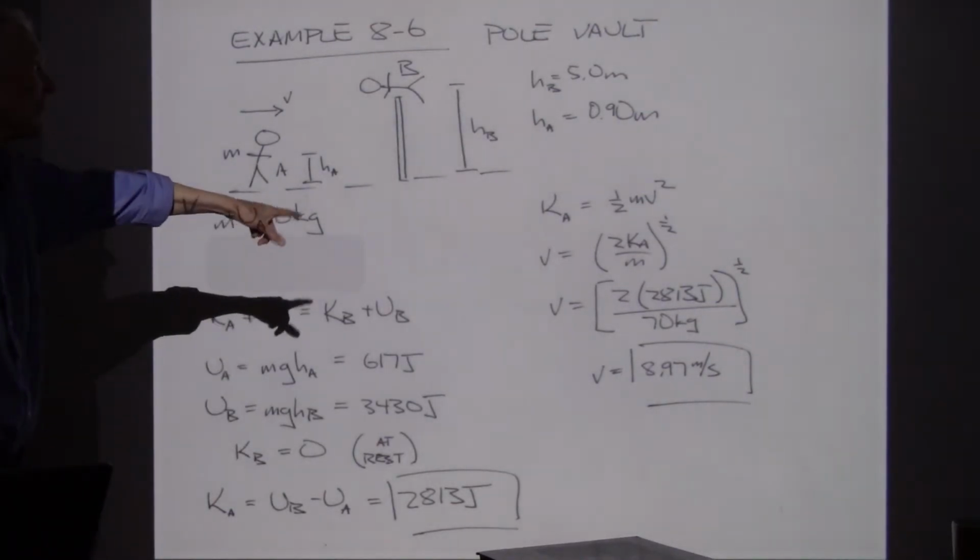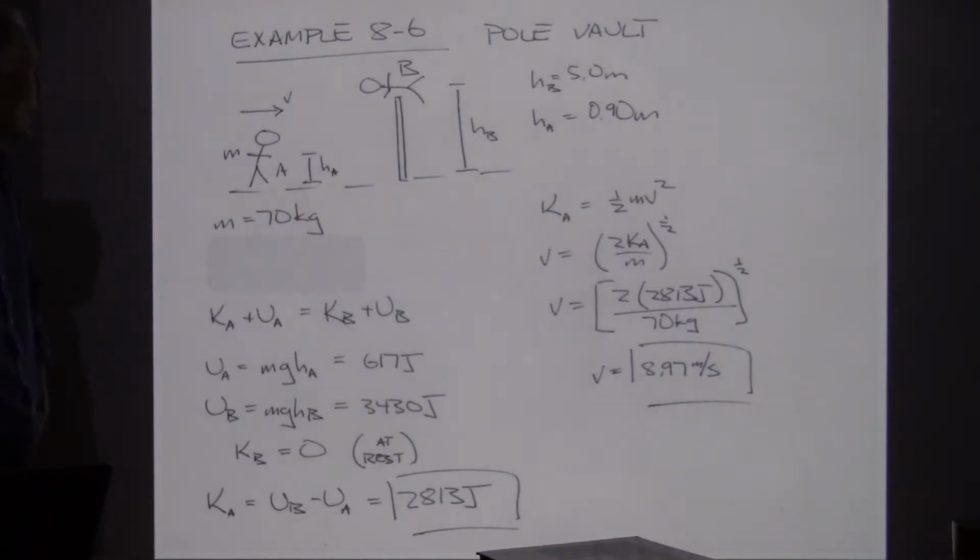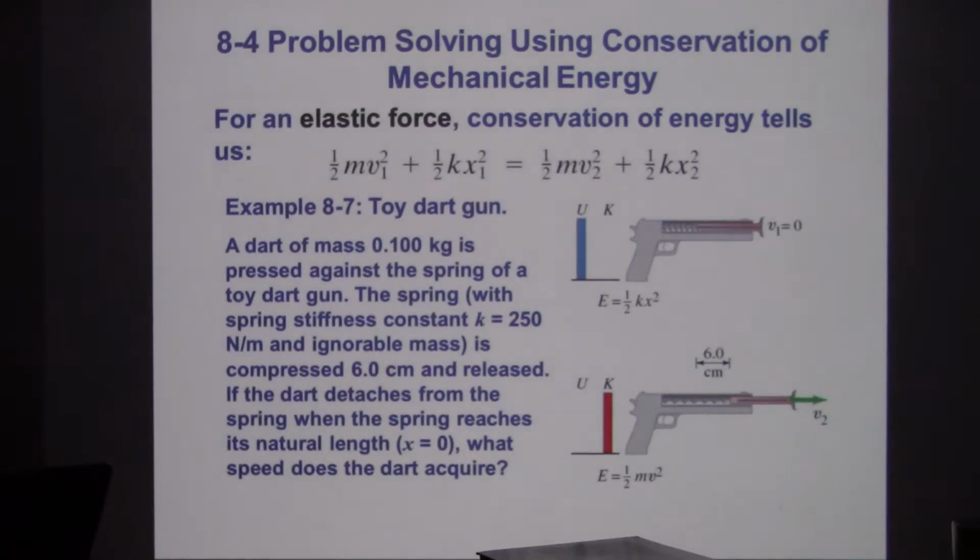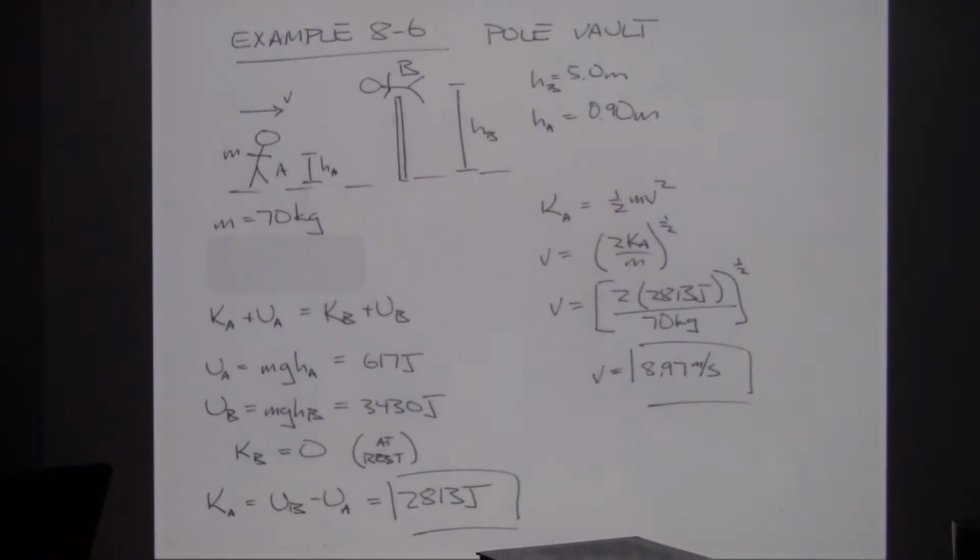And this is already at 9 meters per second. But anyway, that's kind of an interesting example. And as I mentioned, sometimes you're just left wondering, is this accurately representing the situation? Maybe that's a reasonable approach. Okay, so just practicing our energy conservation techniques.